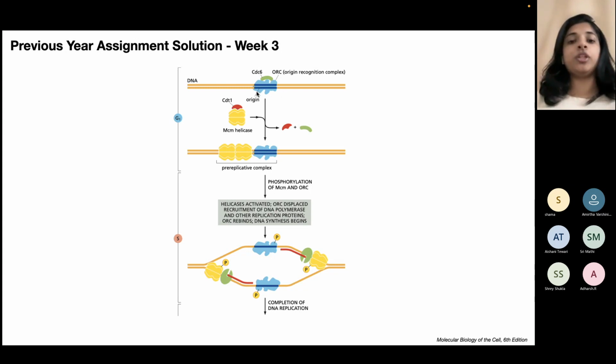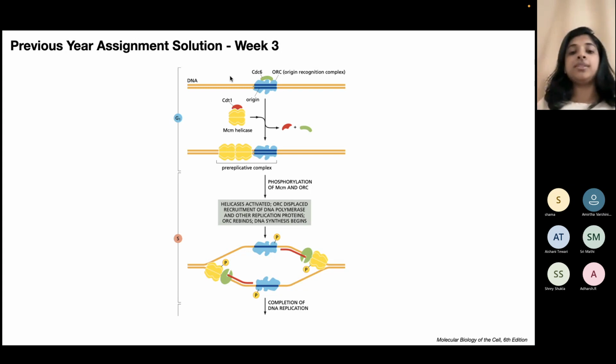Here there is a protein called ORC, origin recognition complex, that binds to it. Other proteins such as CDC6 and MCM helicases come and occupy this region to form something known as the pre-replicative complex. Now, this happens in the G1 phase of the cell cycle. However, it does not start replication.